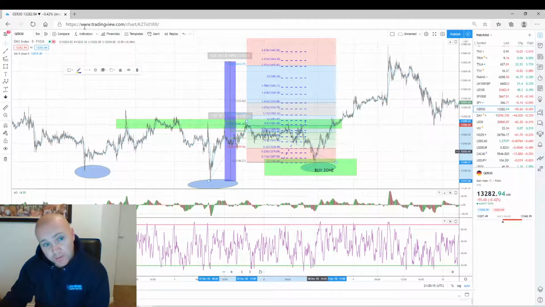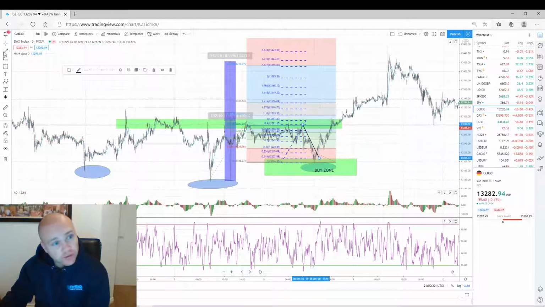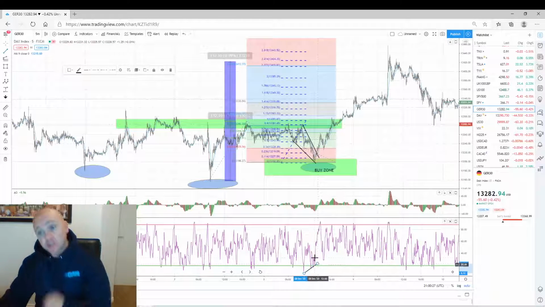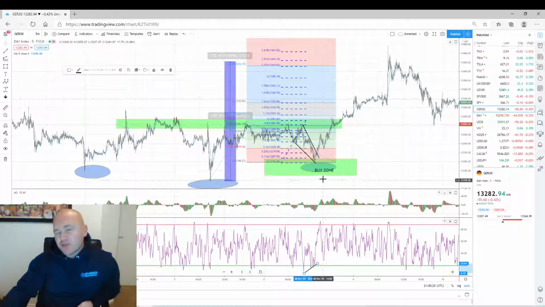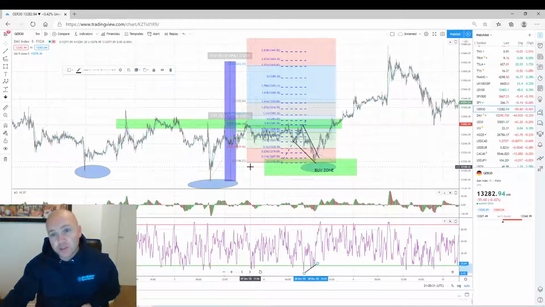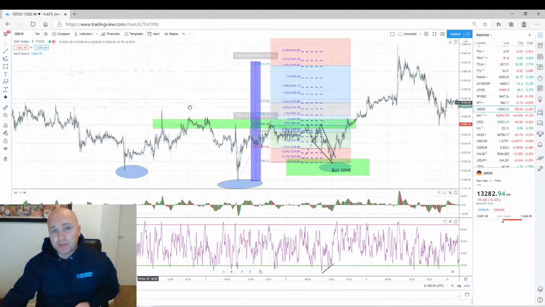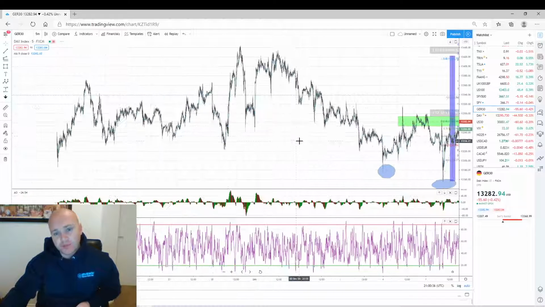You've then got the Fibonacci targets, you've got the buy, you've got the target area, you've got the falling wedge, you've got RSI divergence. So using all these tools can really help you have the confidence to enter and hold and make big money throughout it.